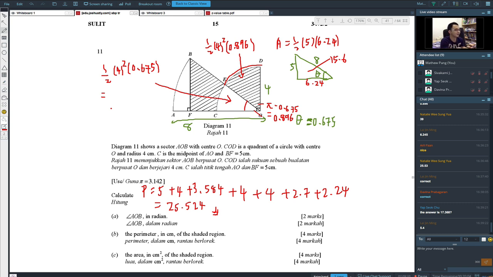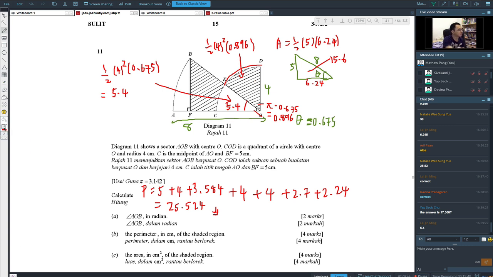We do not need the 5.4 itself, but we need to find the shaded part. So I will use 15.6 minus 5.4, which gives 10.2. So my shaded area here will be 10.2.